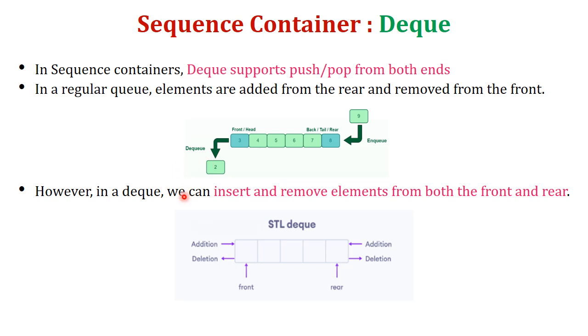But in the deque concept, we can insert and remove elements from both front and rear. It means on the front side we can insert and delete an element, and similarly on the rear side we can insert and delete an element. So insert and delete operations are done on both sides.